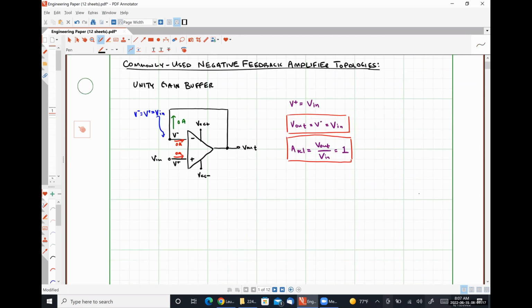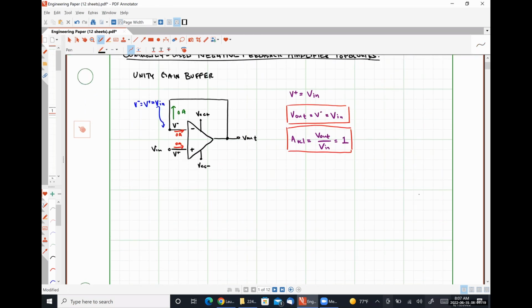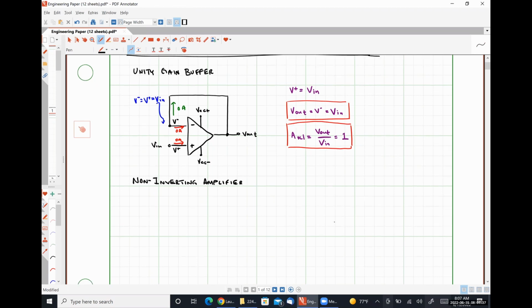Our next circuit that we are going to look at is the non-inverting amplifier. And the schematic diagram for a non-inverting amplifier is going to look something like this.